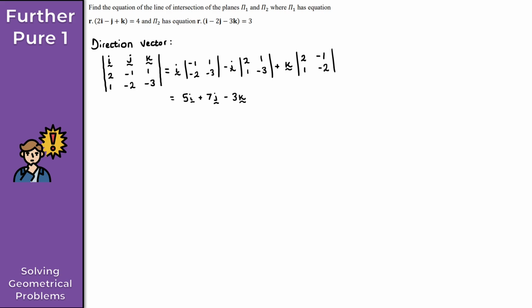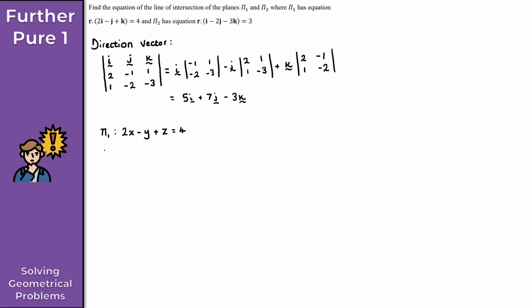Now for the next step, what I'm going to do is write the planes in Cartesian form. For pi1, as we've just mentioned, we get 2x minus y plus z is equal to 4.